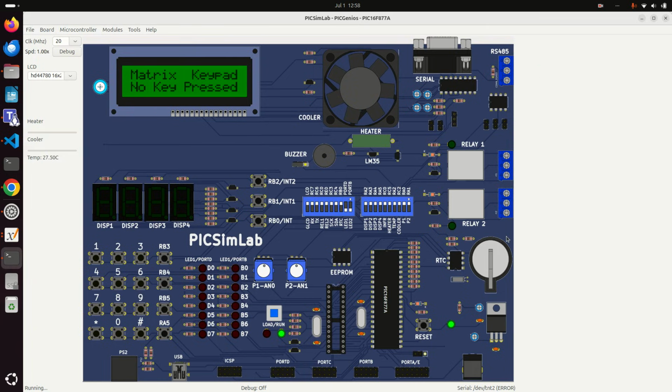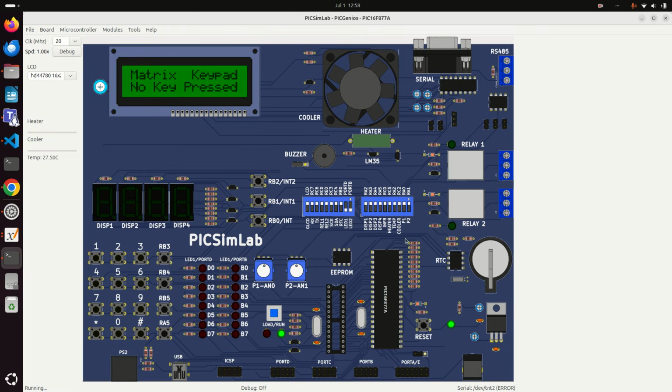Now if you want to communicate between two boards, you use UART or CAN protocol. If you want to communicate between two chips, then you can use SPI and I2C.